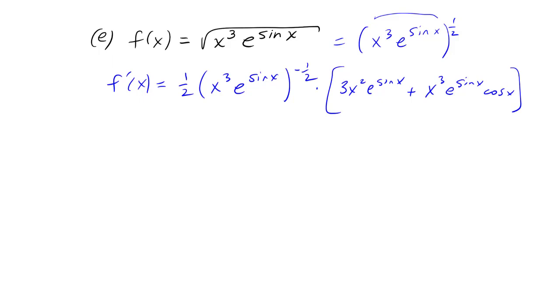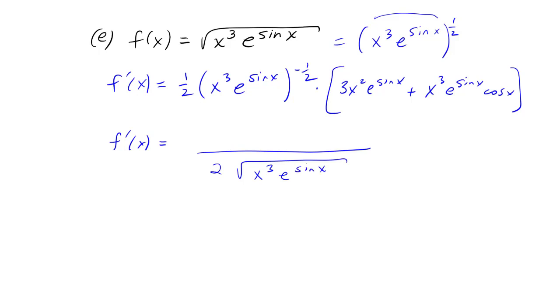All right, so there really isn't a lot more for me to do here, but how you might see this written is something like, well, we could put the 2 square root of x cubed e to the sine x on the bottom.